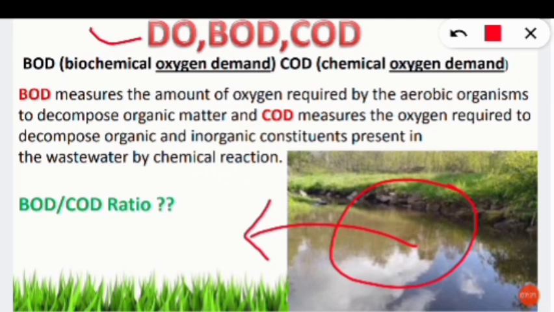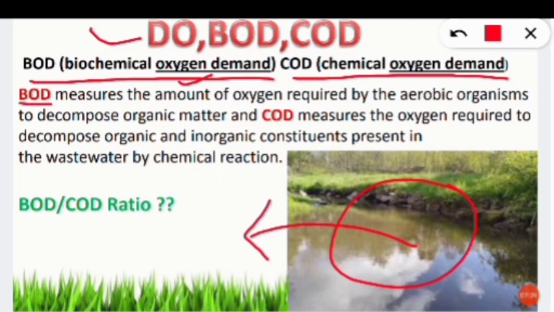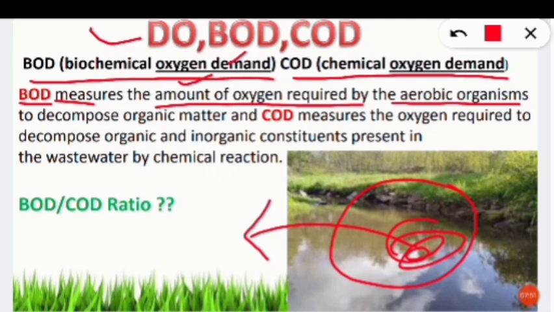Next comes BOD. BOD means biochemical oxygen demand. Similarly, COD means chemical oxygen demand. Why have I underlined oxygen demand? Because this is the demand for oxygen. So who is demanding this oxygen? The correct definition of BOD is the amount of oxygen required by aerobic organisms present in the water to decompose organic matter present in the water bodies.